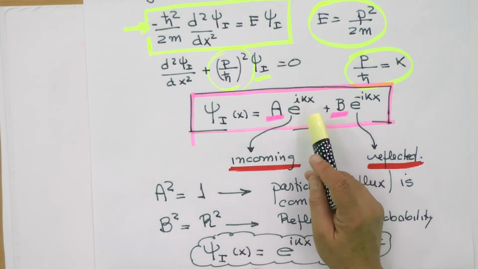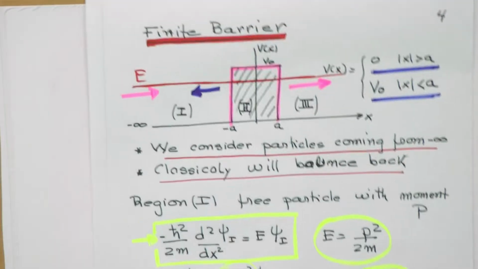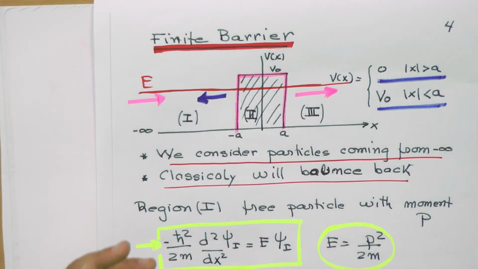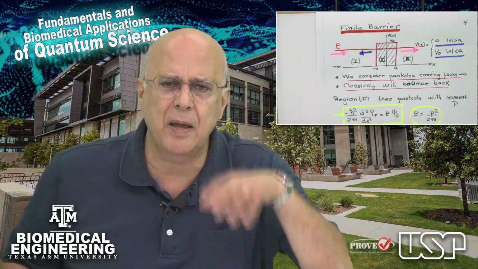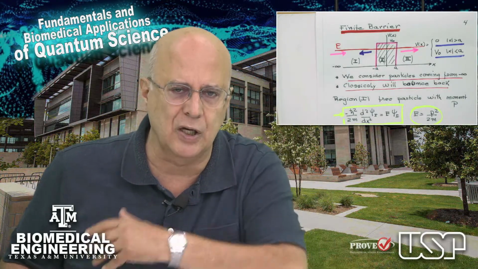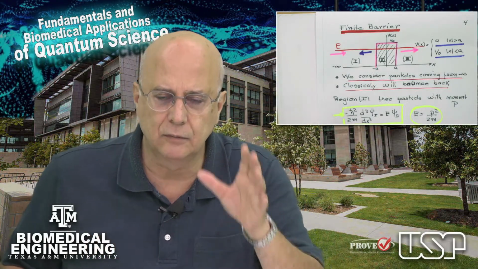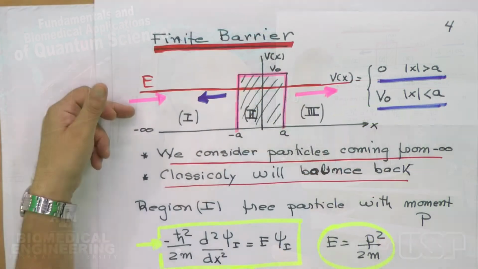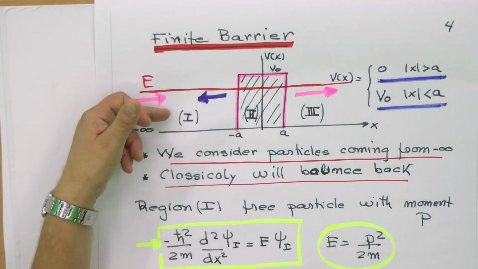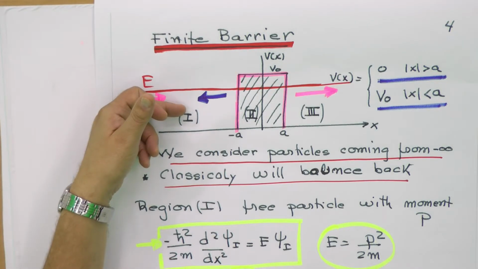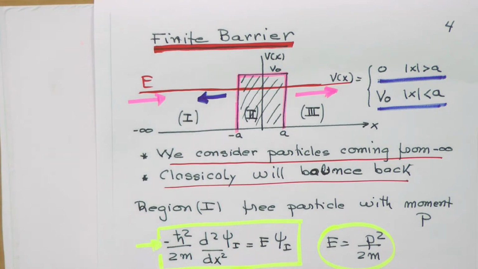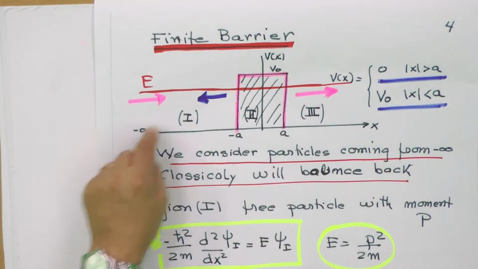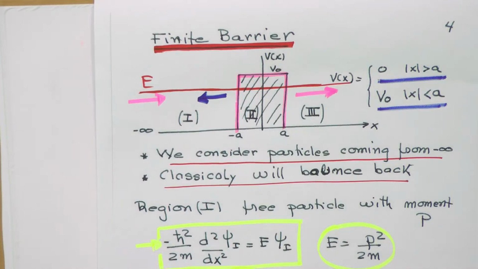Therefore, I guarantee to you that I have a flux of particles coming this way. A flux of probability, right? It may be one particle, it may be trillions, that doesn't matter. We treat that individually. So I guarantee to you that there is an incoming flux of probability. Then I ask you, what's the probability of a particle coming from minus infinity to reach the barrier?